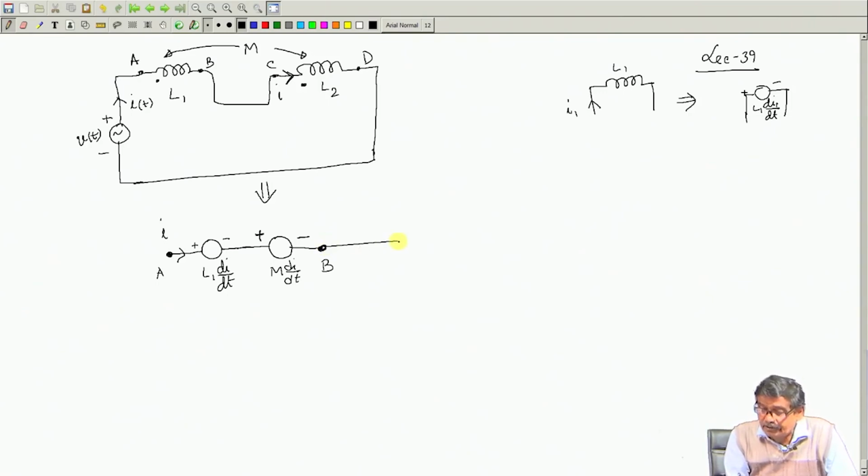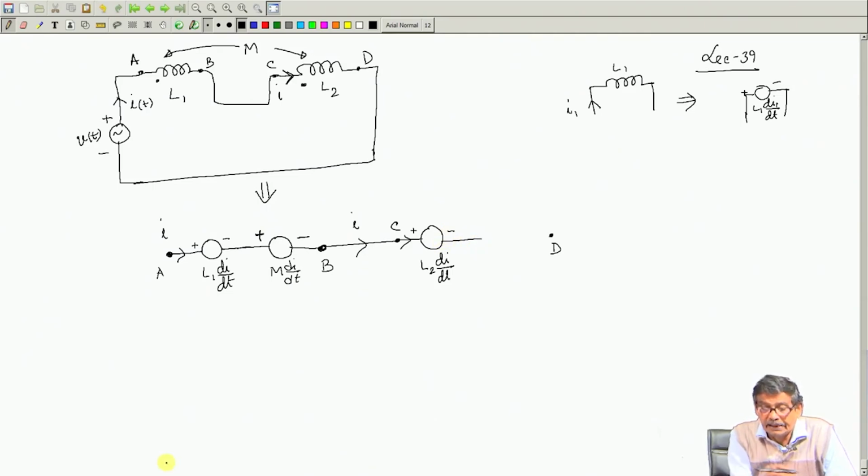Similarly, you come to the point C. B and C are the same point, no doubt. Here I is flowing, come to the second coil C and D. Across CD, it has a self inductance, so it will have induced voltage L2 dI/dt, that is the rule of self inductance, and current is shown entering here. Therefore, this must be plus, this must be minus.